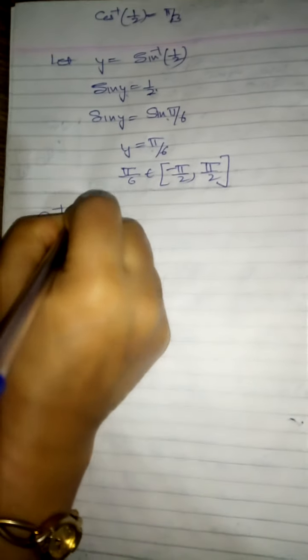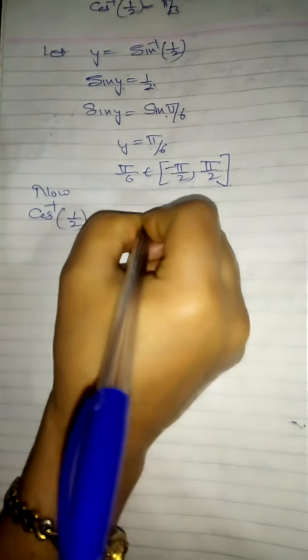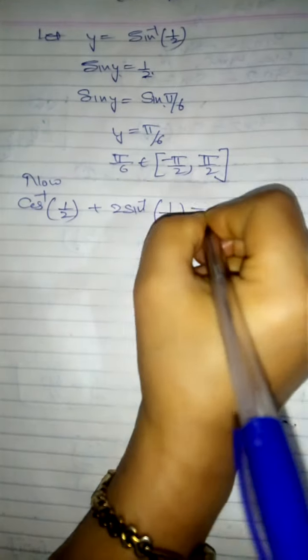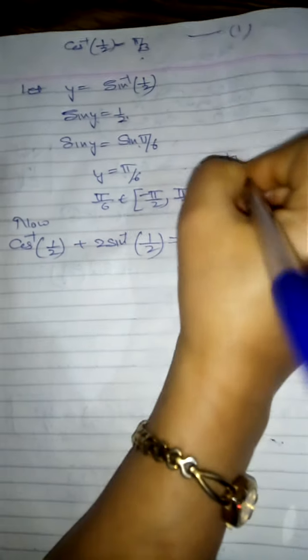Now put the values in this equation: cos inverse 1 by 2 plus 2 sine inverse half. This is the equation given in the question. What is the value of cos inverse 1 by 2? That is pi by 3 from equation 1, and sine inverse 1 by 2 is pi by 6 from equation 2.